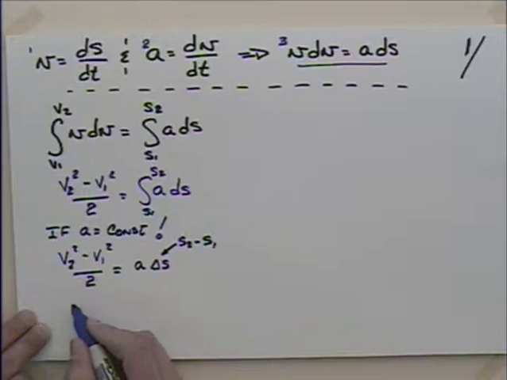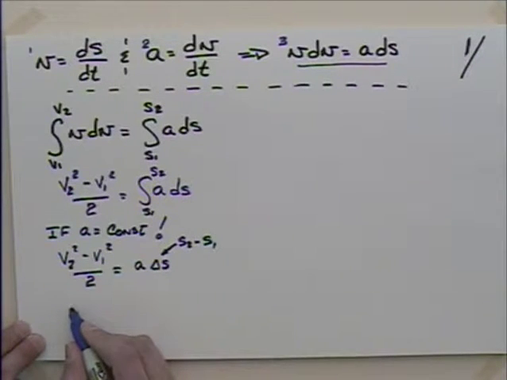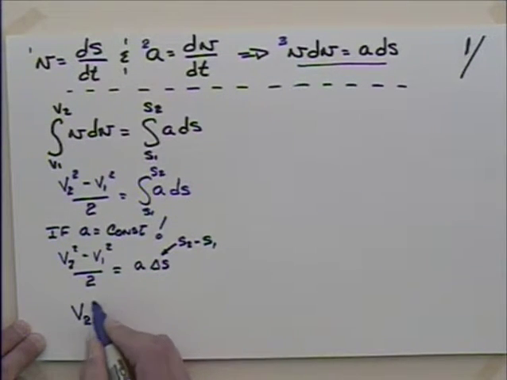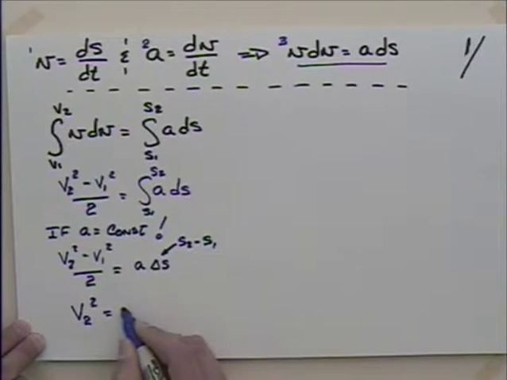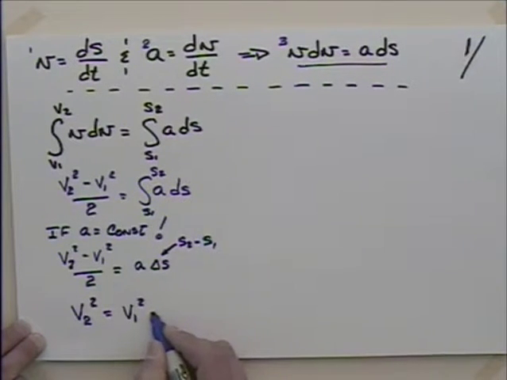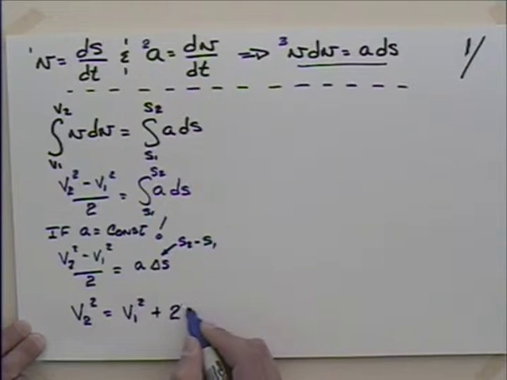And if I rearrange this a little bit, we can get the form that you've probably seen before. That is v2 squared is equal to v1 squared plus 2 times a times delta s.